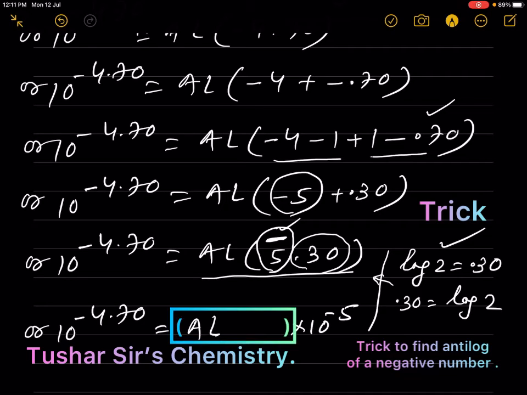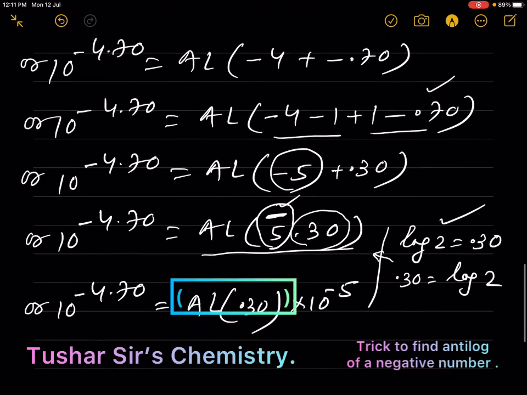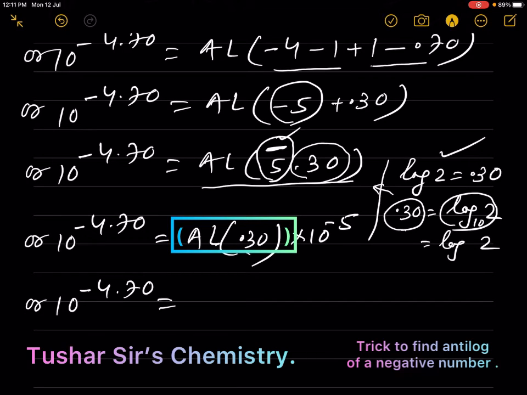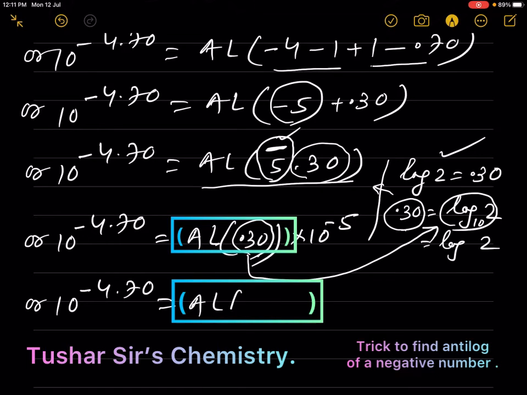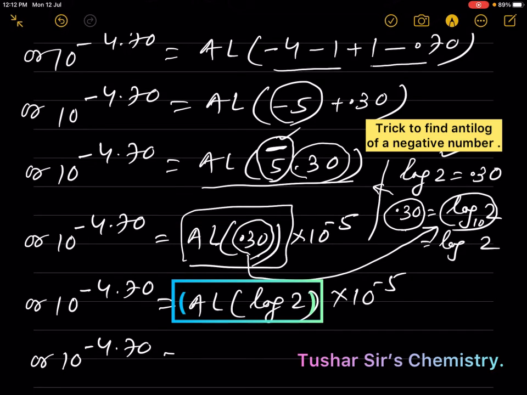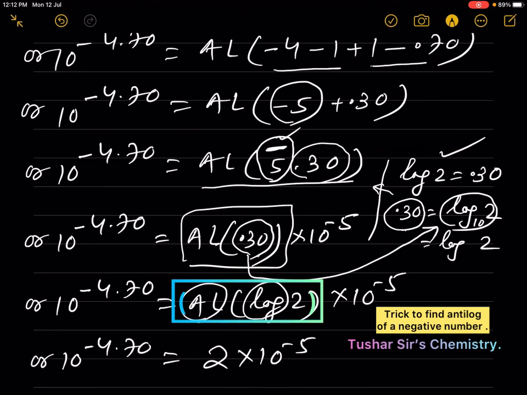Then we have to find only antilog of 0.30. 0.30 is log 2, so I can write antilog of log 2 into 10 to the power minus 5. Here antilog and log cancel, so it becomes 2 into 10 to the power minus 5.